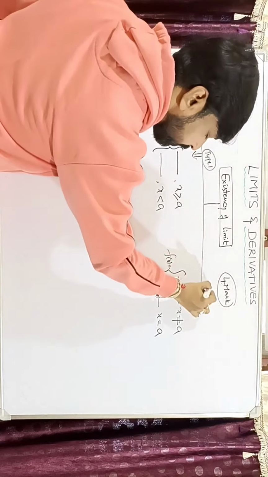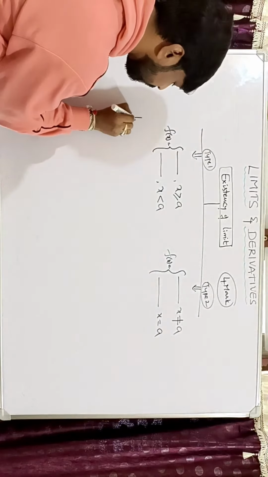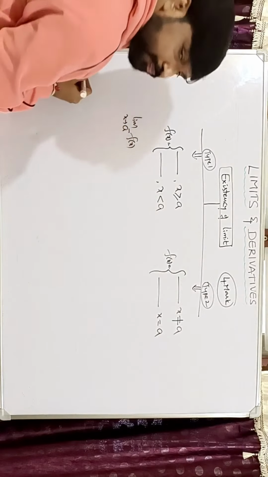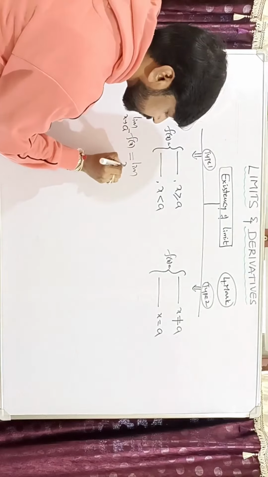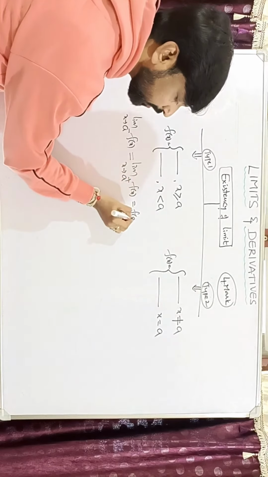Once you identify this model, I will call it type 1, and this is type 2. If it is type 1, what you are going to check is limit x tends to a minus f of x is equal to limit x tends to a plus f of x is equal to f of a.